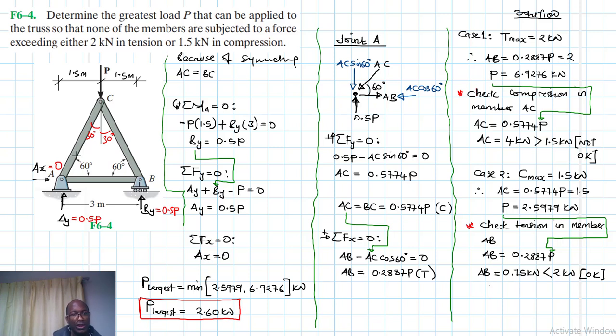We'll have a tension in member AB of 0.75, which is less than 2 kilonewtons. But of course, in members AC and CB, we are going to have the maximum compression, which is 1.5.